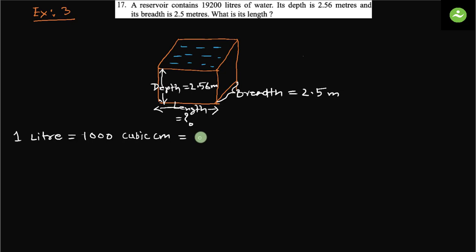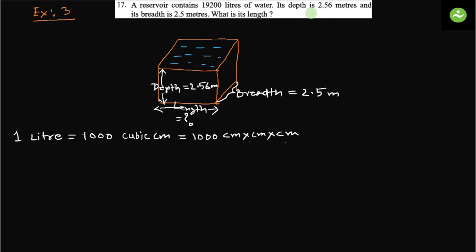Cubic centimeter means centimeter multiplied by centimeter multiplied by centimeter. Three times you multiply, that is cubic centimeter. If you multiply centimeter two times, what would be the unit? Square centimeter.